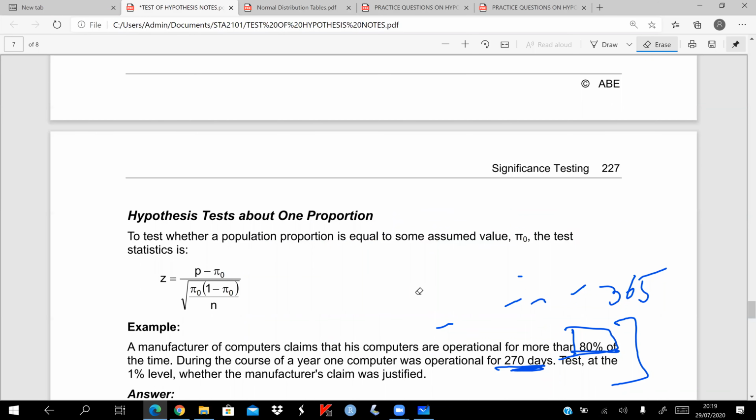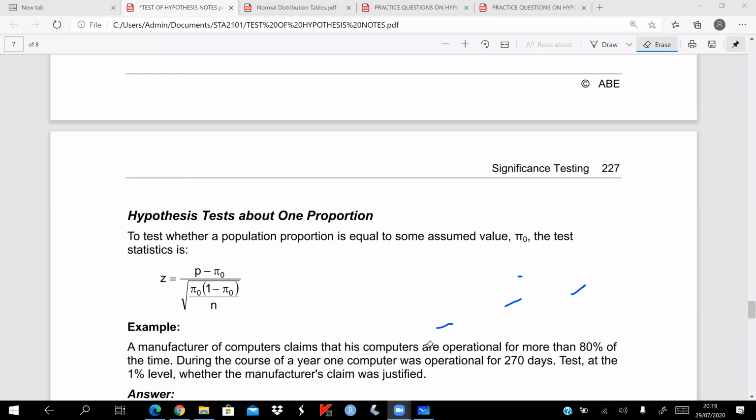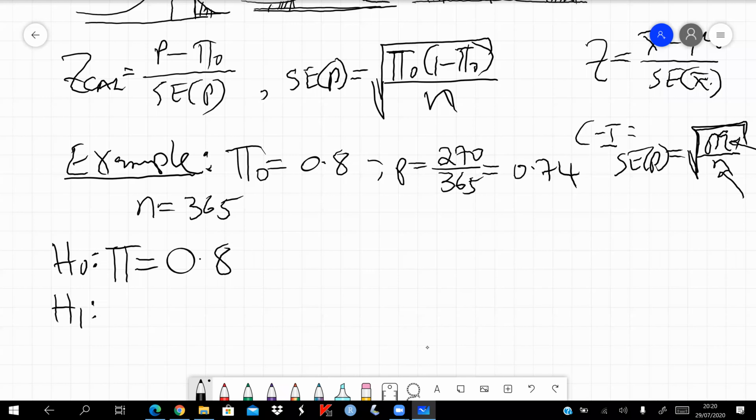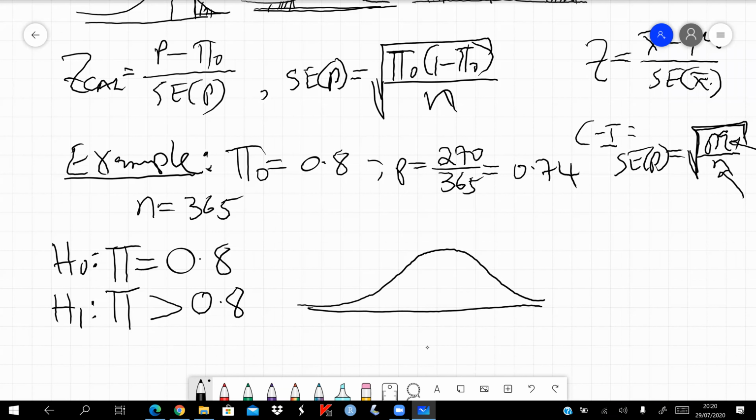So what is the suggested alternative hypothesis? That pi is greater than 0.8. That tells you that we're going to have an upper tail test.